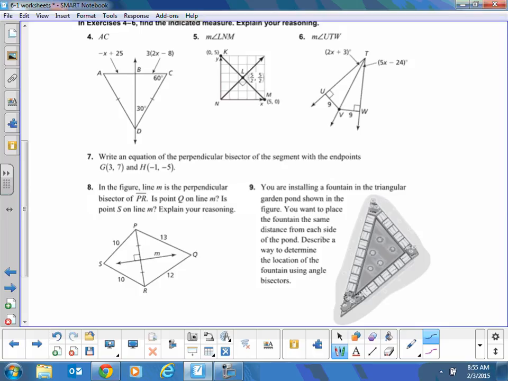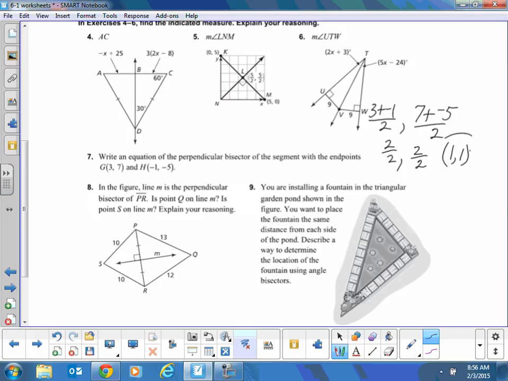So 3 plus negative 1 over 2, and 7 plus negative 5 over 2. You get 2 over 2, and 2 over 2 again. And then you get 1 and 1.